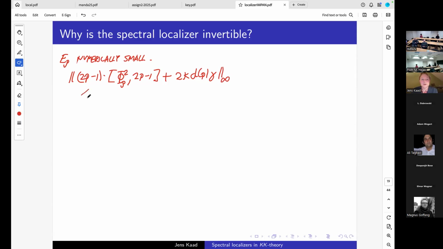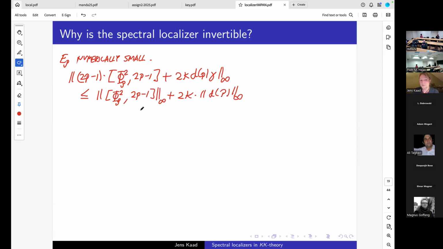Okay, I use the triangle inequality, and I use that 2p minus 1 is a self-adjoint unitary. So I just get the operator norm of the commutator plus the operator norm of what I'm left with here, that's just 2 kappa times the operator norm of the quantum derivative of p.